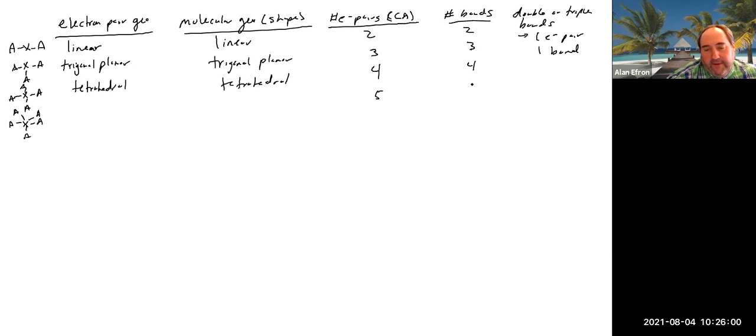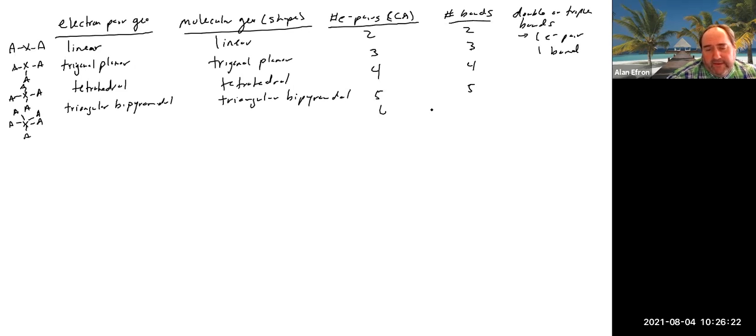Five electron pairs and five bonds is going to be trigonal bipyramidal, and the molecular geometry will also be trigonal bipyramidal.